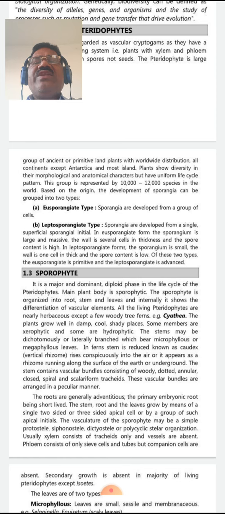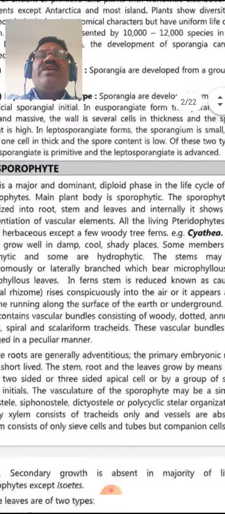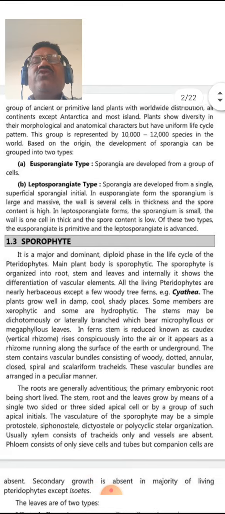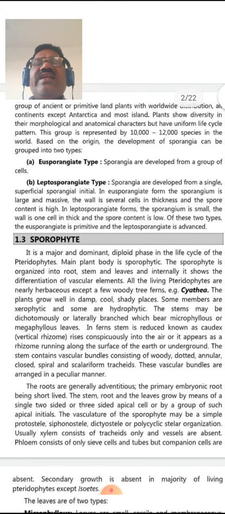Based on the origin, the development of sporangia can be grouped into two types, that is eusporangiate type and leptosporangiate type. Eusporangiate type means sporangia are developed from a group of cells, and in leptosporangiate type, the sporangia are developed from the single superficial sporangial cell called sporangial initial.